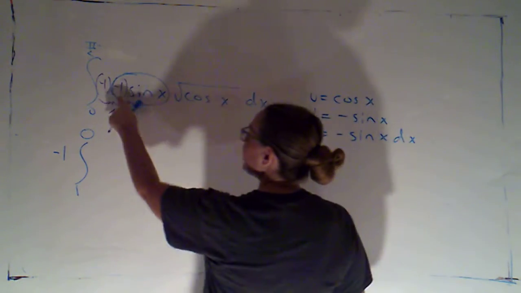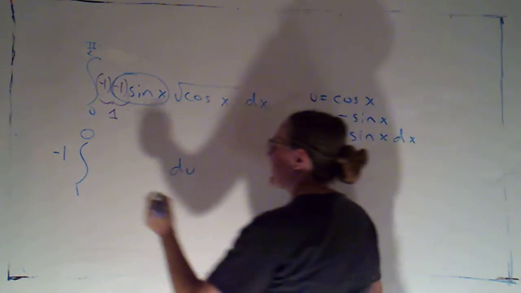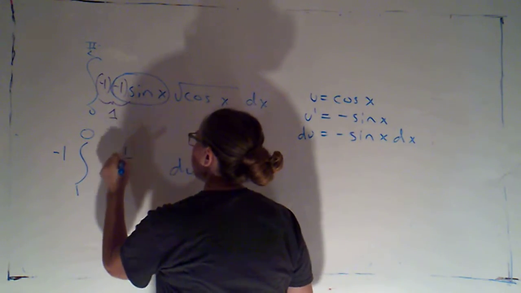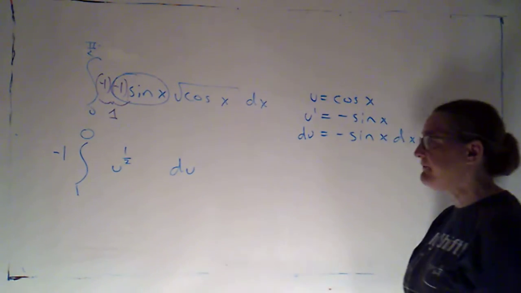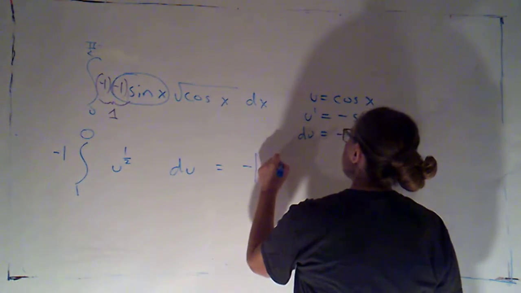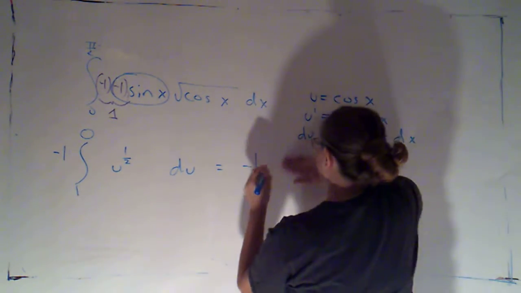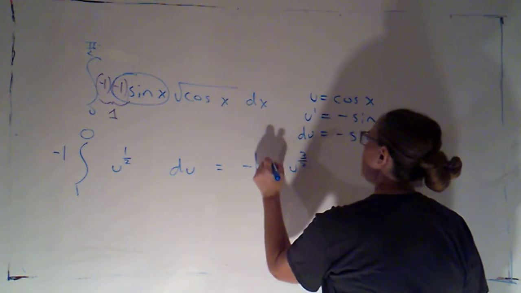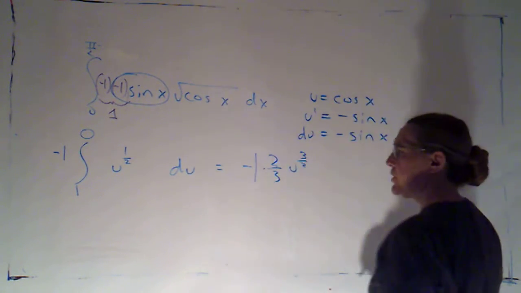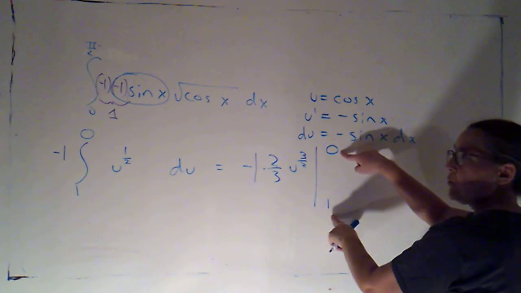Okay. All right, the -1 sine x dx became my du. My integrand is square root of u, which I'm going to write as u to the 1/2. And so I'm going to say this is -1 times u to the 3/2, divided by that new power, so that's multiplying by 2/3, and we're evaluating between 0 and 1.